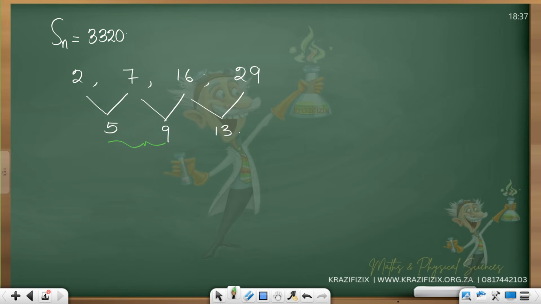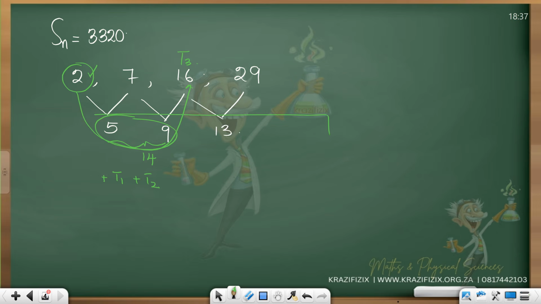Addition of that will give me 14. So we are saying T1 plus the first difference plus T2. If we add that to it, if I'm moving this way, it gives me that. The sum of these 2 plus that would give me T3.